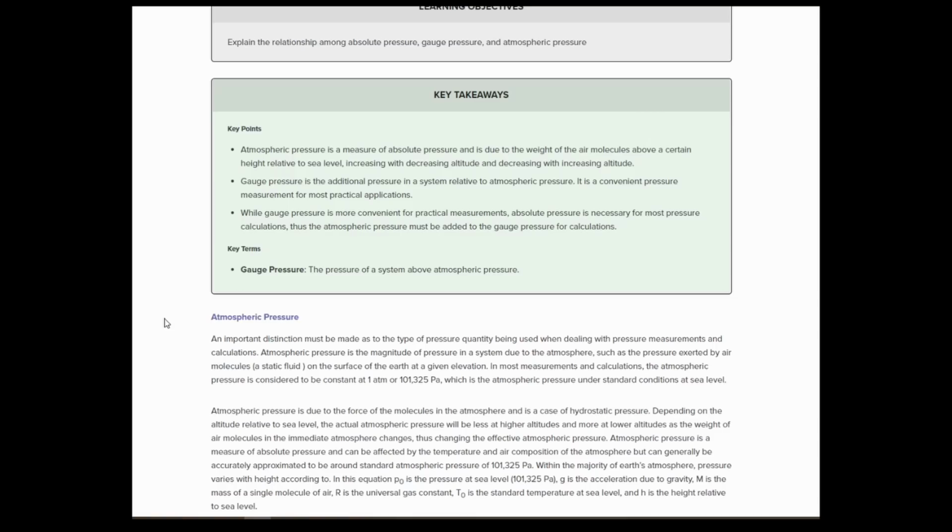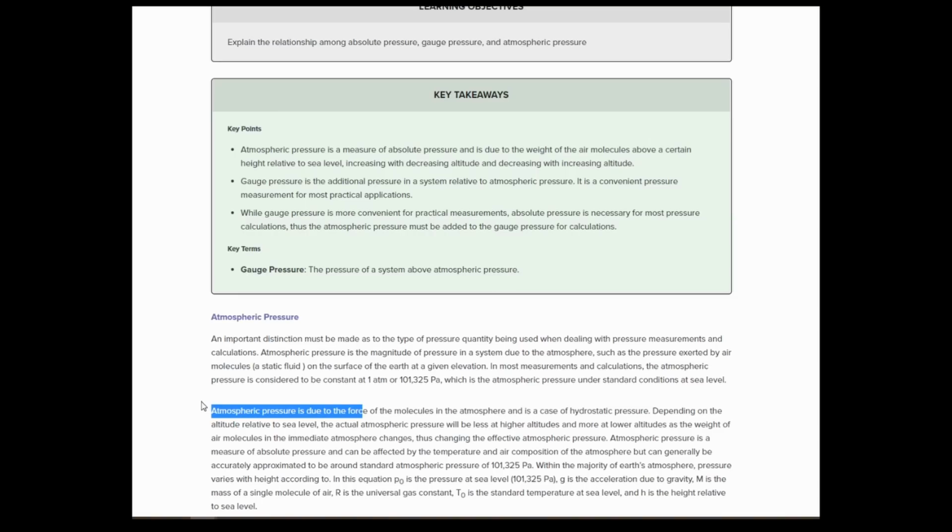This comes from lumenlearning.com. You've used these guys too. Read right here. Atmospheric pressure is a measure of absolute pressure and is due to the weight of the air molecules above a certain height relative to sea level, increasing with decreasing altitude and decreasing with increasing altitude. Go down to this lower paragraph.